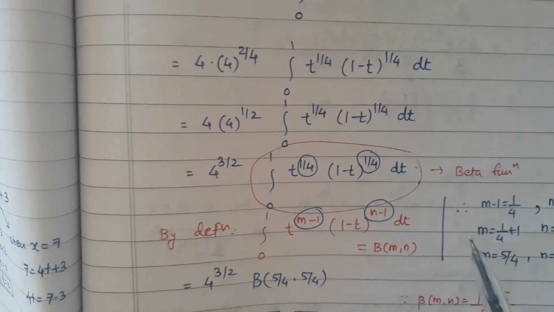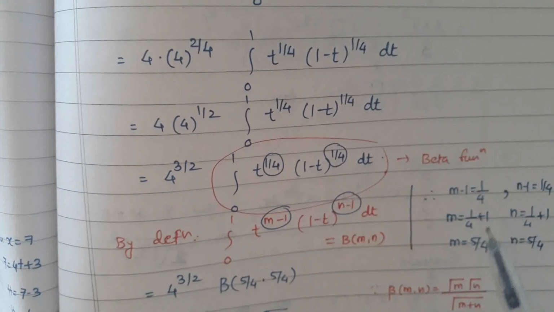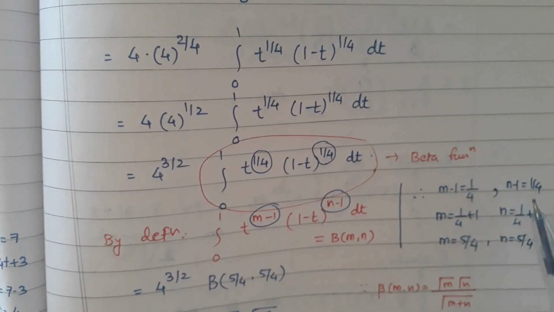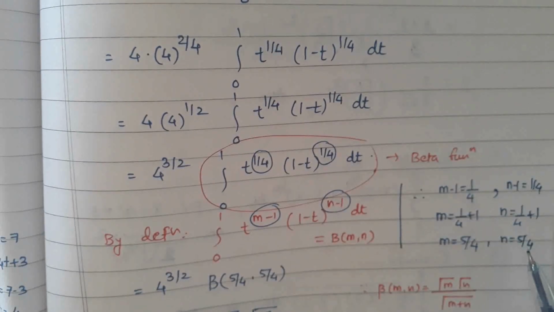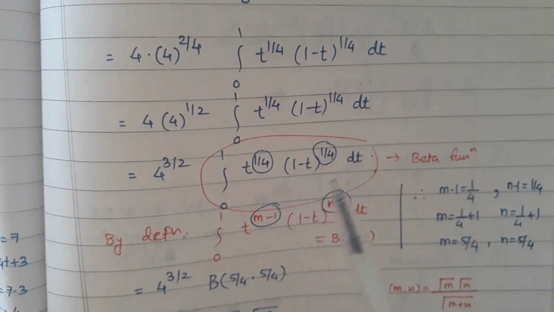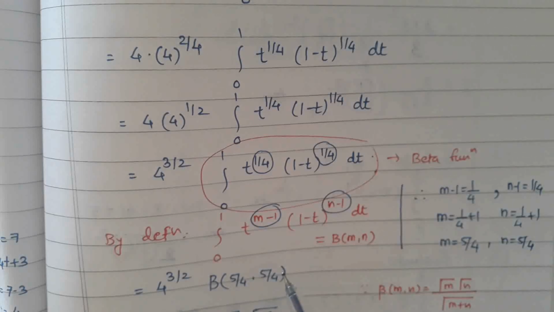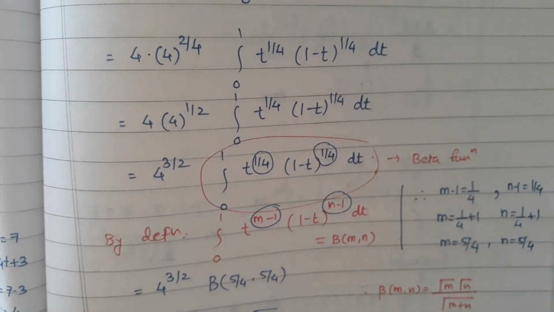Now in this integral, m - 1 = 1/4, so m = 5/4, and n - 1 = 1/4, so n = 5/4. Therefore, this integral becomes beta(5/4, 5/4) with some power of 4, that is 4^(3/2).